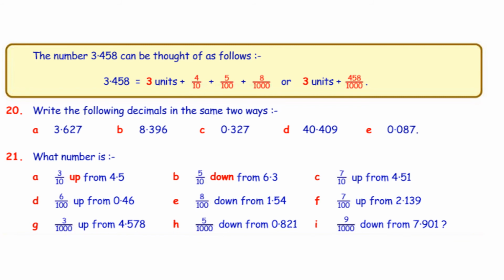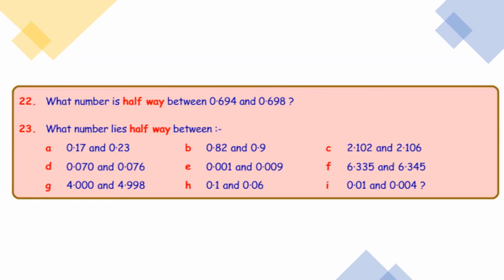So what you're doing there is the 7 is in the hundredths column, which is where the 3 is. So you're doing 7 add 3, which is 10. So that would give you 2.209. Okay? Now, if you're finding that one tricky, let me know. I can give you a bit more help with that if you need it.